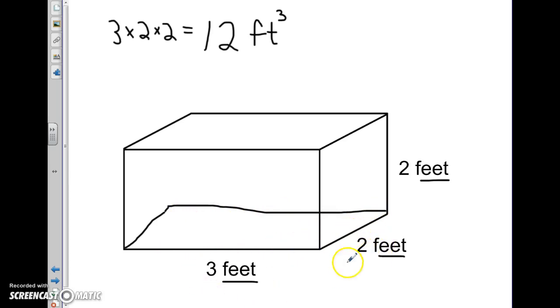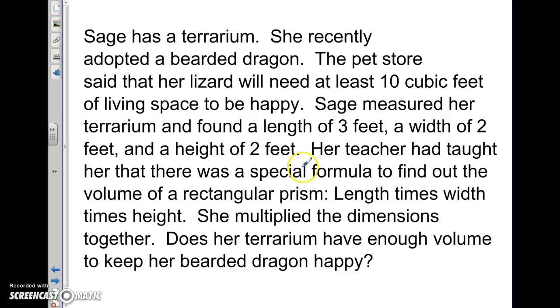And so that again would be 6. 6 times the height would be 12. It's the same thing. So that's just another way to think about it. So anyway, we know that the volume of her terrarium is 12 feet cubed, or 12 cubic feet. And remember, the bearded dragon needs 10 cubic feet to be happy. So to answer this question, does her terrarium have enough volume to keep her bearded dragon happy? The answer is yes, because as we know, 12 is greater than 10.